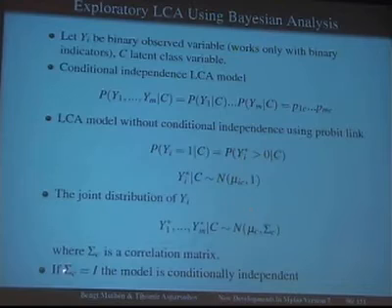If this joint multivariate distribution has an identity correlation matrix, then we get the standard latent class analysis model, but you can have a general tetrachoric correlation matrix estimated within the latent class analysis.